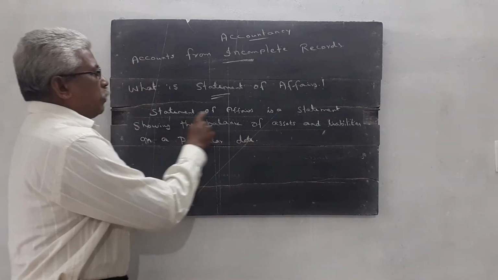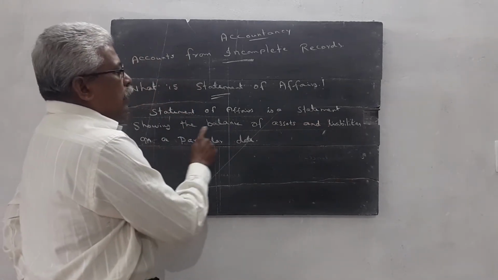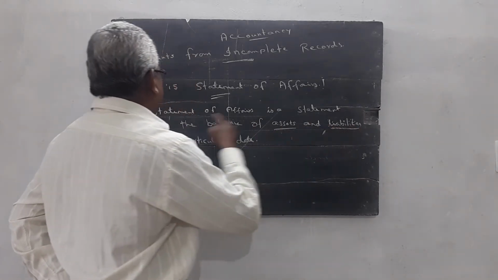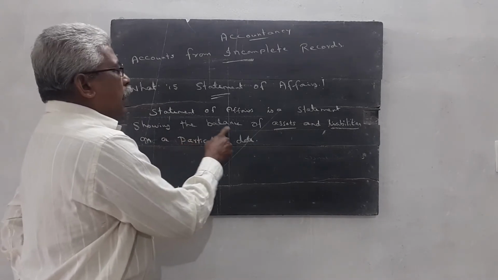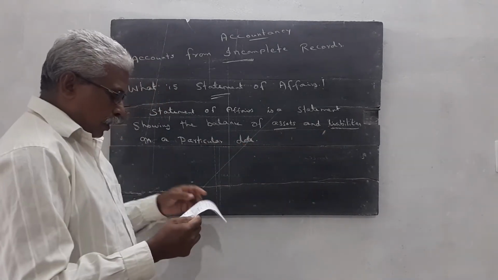Once again, statement of affairs is a statement showing the balances of assets and liabilities on a particular date.